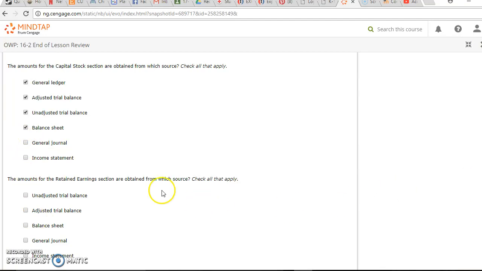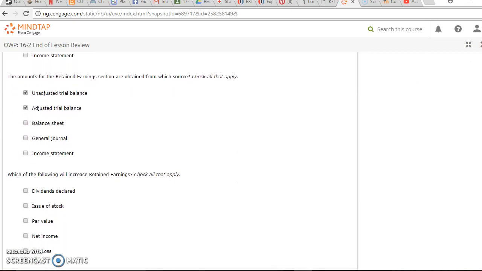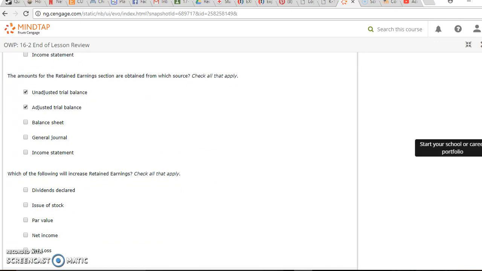The amounts for retained earnings are obtained from which source? Retained earnings, the beginning balance would be an unadjusted trial balance. Adjusted balance would be your ending balance in retained earnings. A balance sheet, and it would not be a general journal.